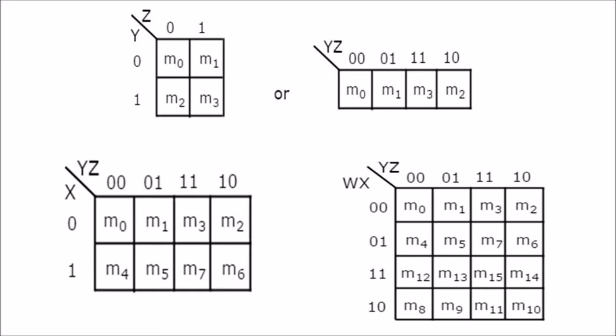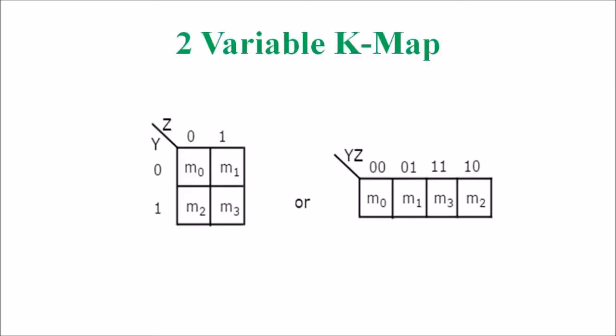Firstly we are considering the 2 variable KMap. The number of cells in a 2 variable KMap is 4. As we said, we are dealing with 2 variables. The total number of cells depends upon 2 raised to n. Here n is 2. Therefore the total number of cells available is 2 raised to 2, which is equal to 4 cells.